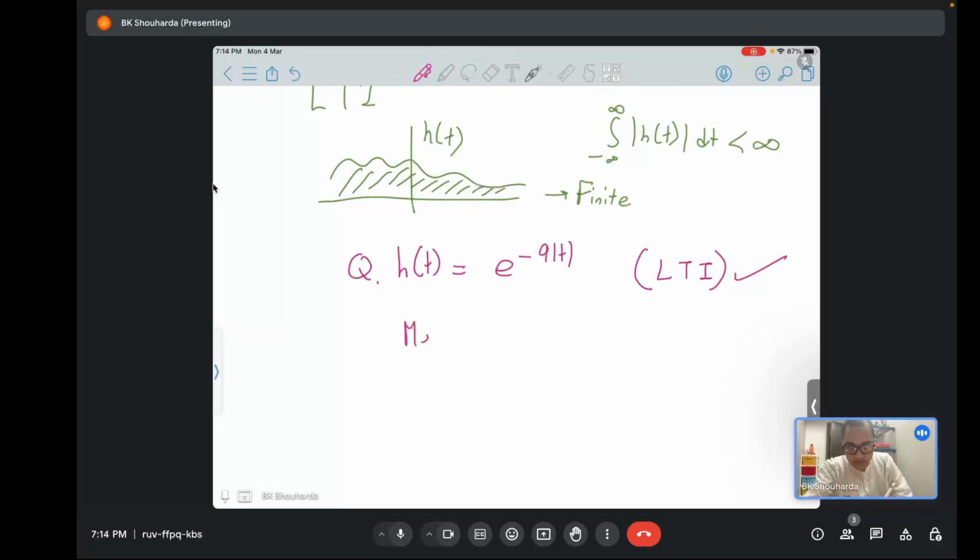Now let's look at memory. For a memoryless system, we were supposed to have a k delta(t) kind of impulse response. But here, since you have a convolution integral, this integral will depend on past and future values of x(t). So this has memory.